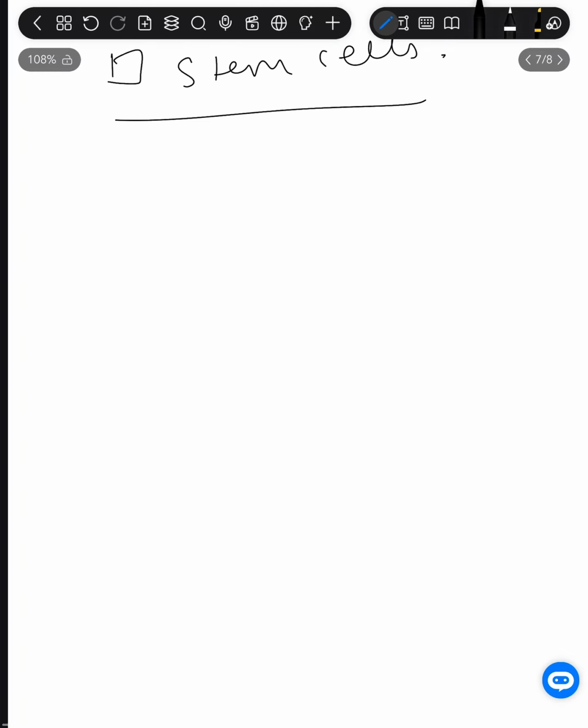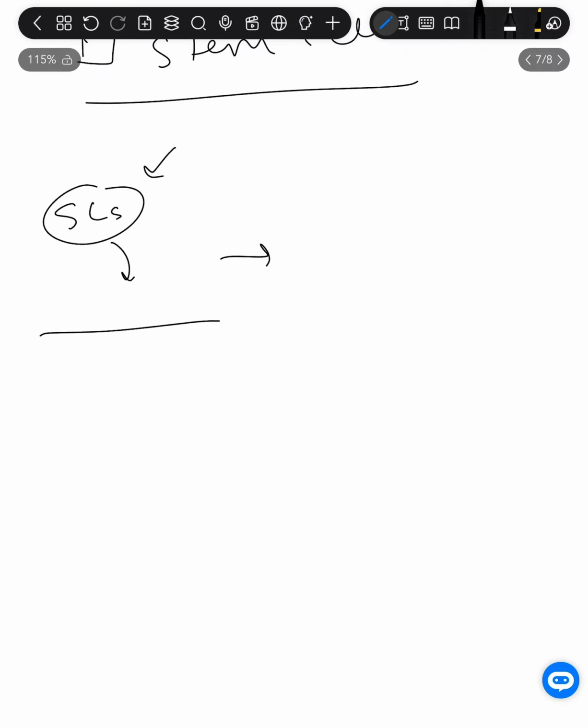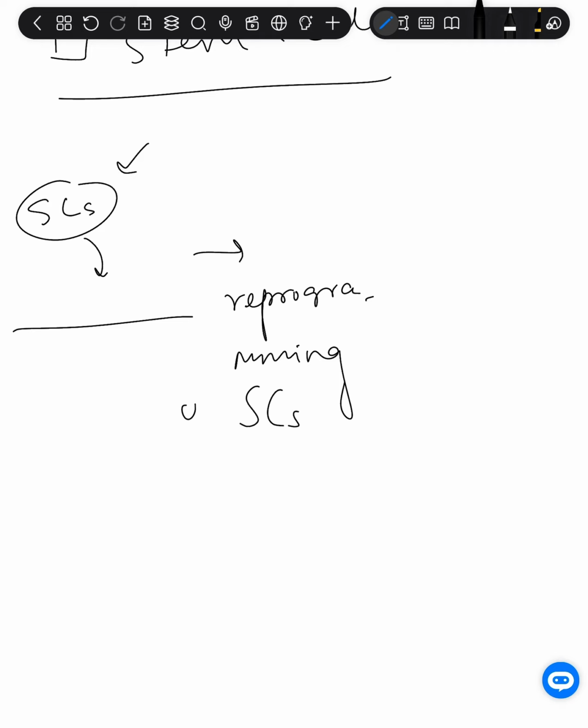Say the stem cells are there, and they were supposed to make one type of epithelium here. Just imagine, I'm trying to make it simpler for you. What happened is there was some reprogramming in these stem cells, which created a new epithelium. Is it making sense? Absolutely, because this is what is happening.